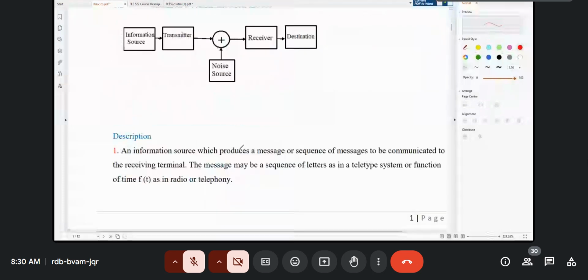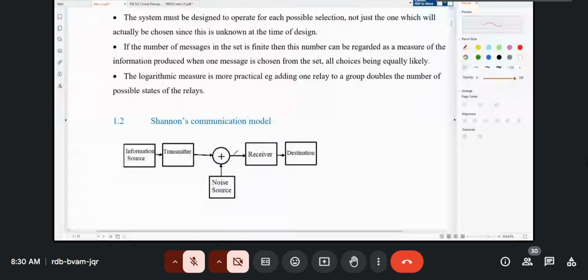So Shannon came up with this model, which again today we take for granted. Nowadays, if you looked at the model of the digital communication system which I introduced and showed yesterday on FE522, it's based on this. It was only that it was a bit more detailed.